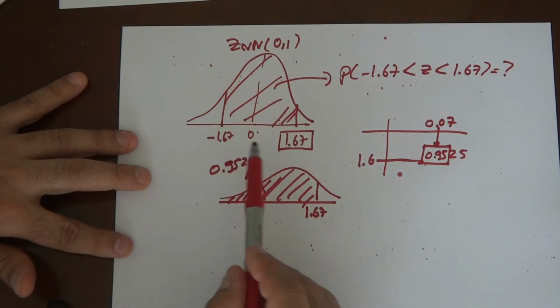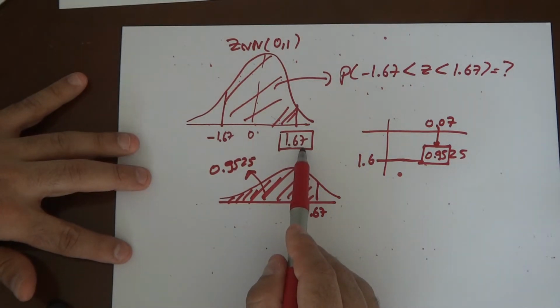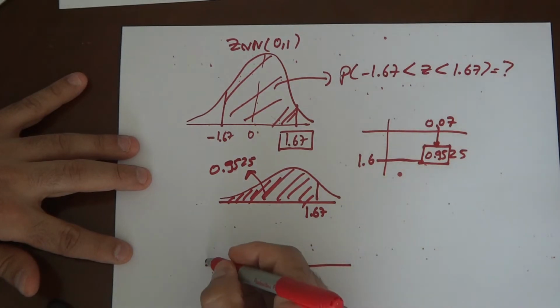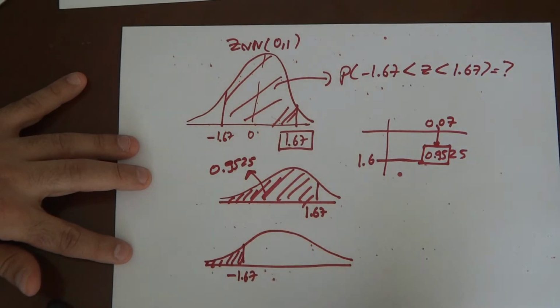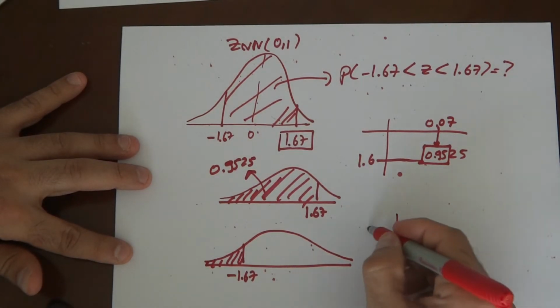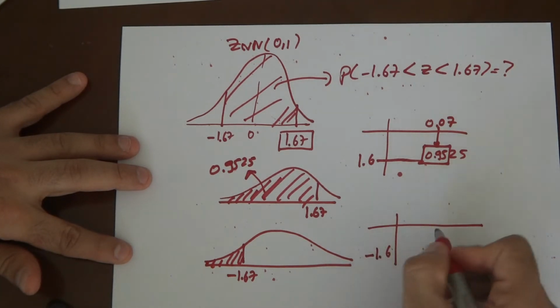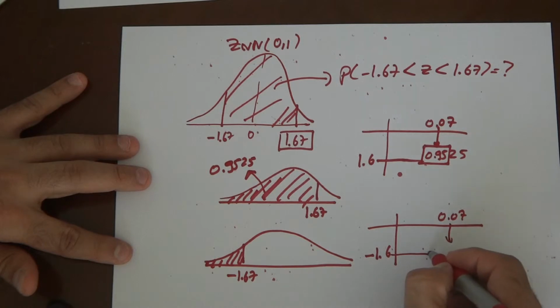No. We are looking for the area between negative 1.67 and positive 1.67. So in the next step, we look up negative 1.67 from the table. Go to the standard normal distribution table, find negative 1.6 from the left side and 0.07 from the top part, and read off this number here.